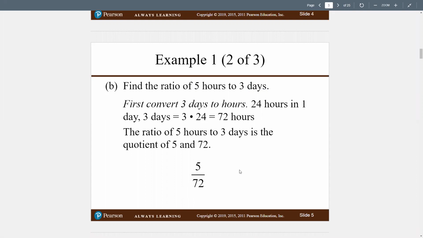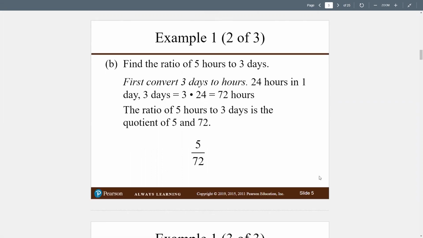It makes it ugly, and you don't want to go there. So stick with something that will keep it as nice as possible. Also, make sure that when you give a ratio that you give it in lowest terms. So if this would have been 75 hours instead of 72 hours, you would have wanted to make it the lower fraction. Make sense?